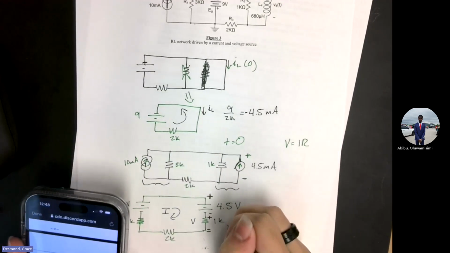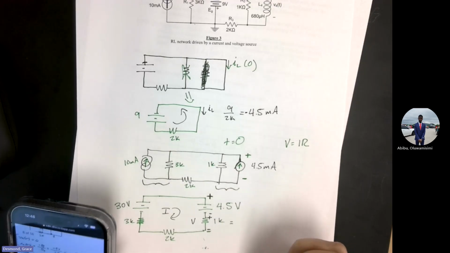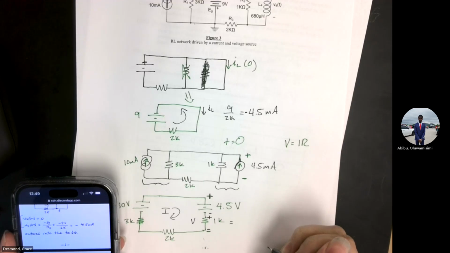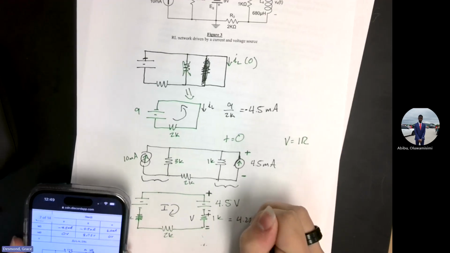So the voltage drop over this 1K is equal to what, 3.25? What? Oh, okay, yeah, 4.25.